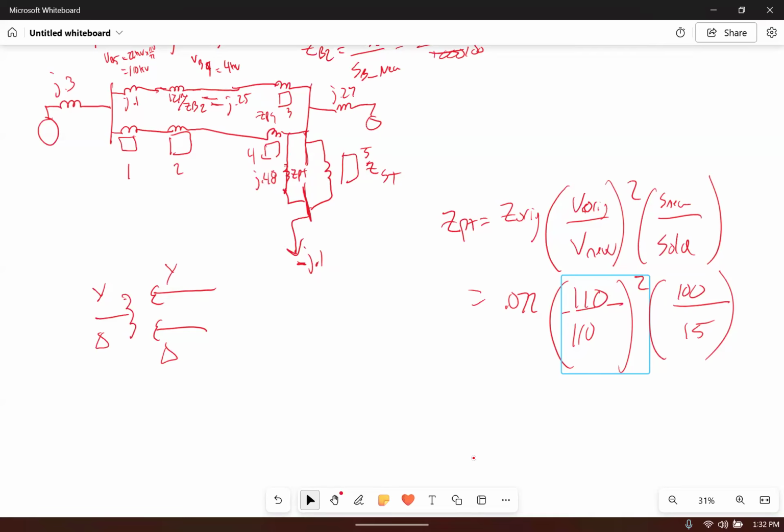For the primary side to the new bus, it would be 1/2 times the quantity of the primary to secondary plus the primary to the tertiary minus the secondary to tertiary. And so it's a complicated process to do that conversion.